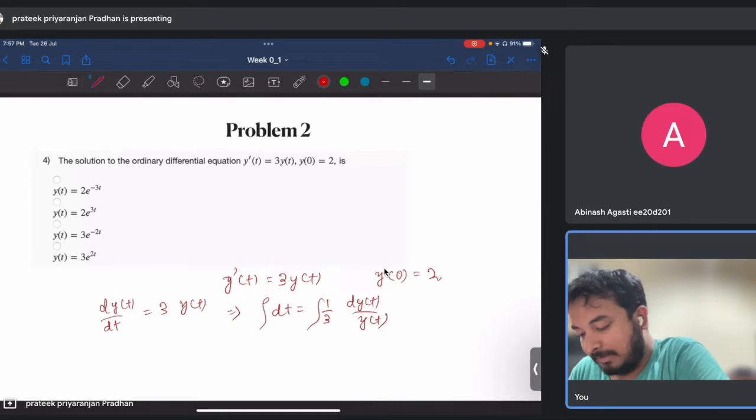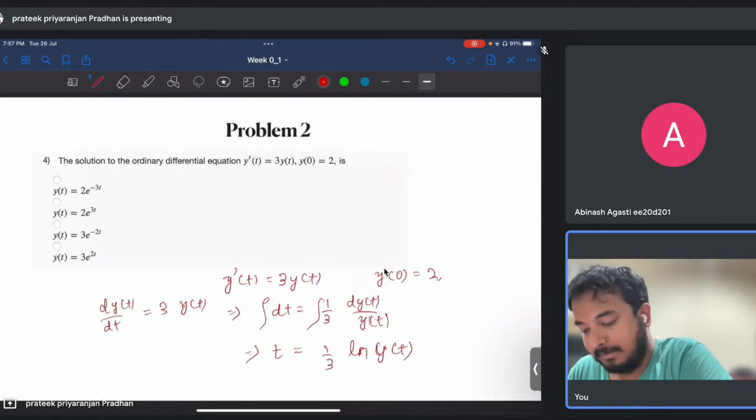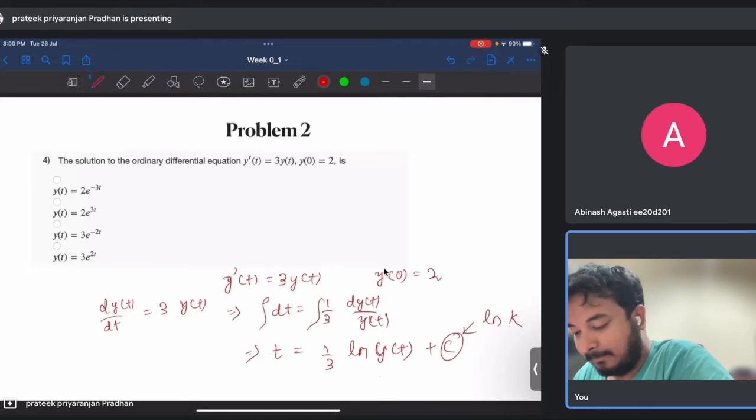Integrating both sides, we get t is equal to 1 by 3 ln y of t plus c. We can write c as ln of some constant k.